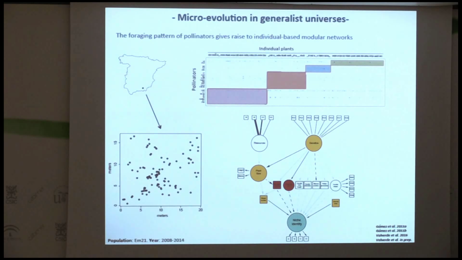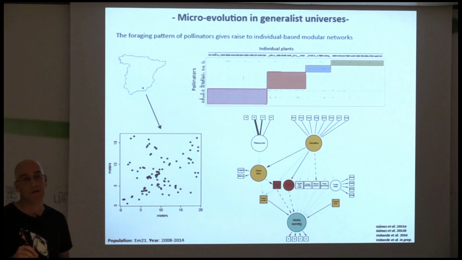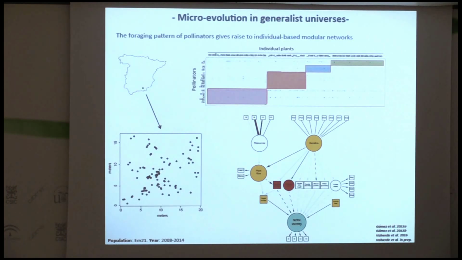If we use the network tools to identify how many generalist niches there are within this population, what we found is that the network is modular. There are different individual plants interacting with different groups of pollinators. In particular, we found 4 modules.